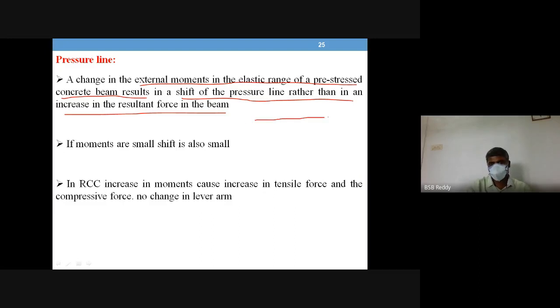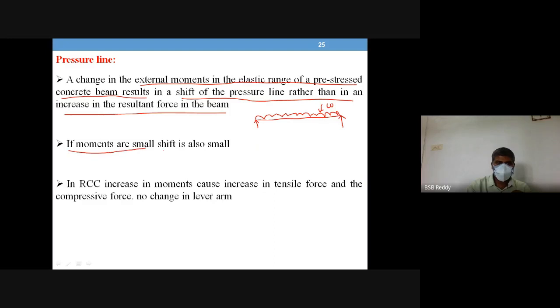Okay, so if you have a beam with some imposed load W, what happens if W is increased? In the case of a pre-stressed concrete beam, the pressure line will be shifted when you increase or change the load.